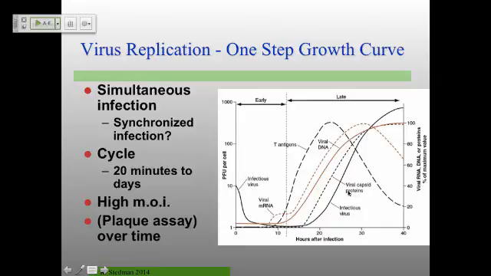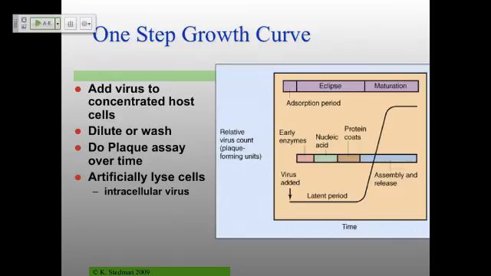What we're looking at here in the black line is literally just a plaque assay over time. You start out with, again, about 5 to 10, and in this case you end up with about 400 or 500 per cell. So that tells you that each of the cells has produced about 500 viruses.